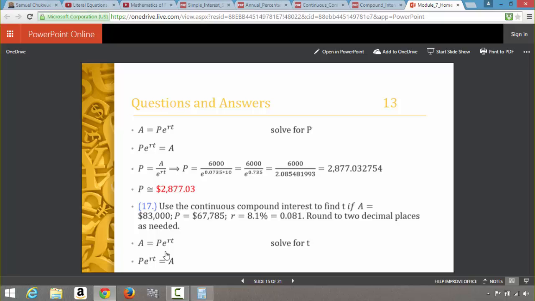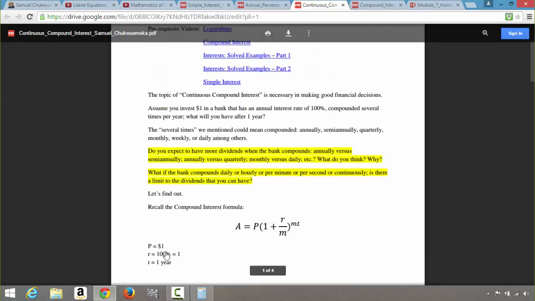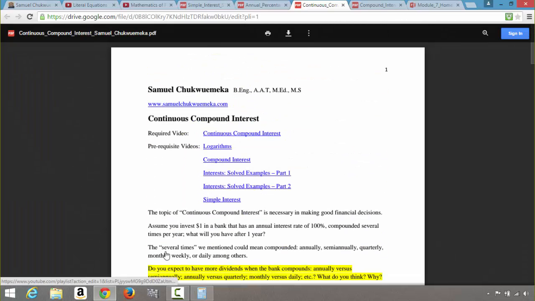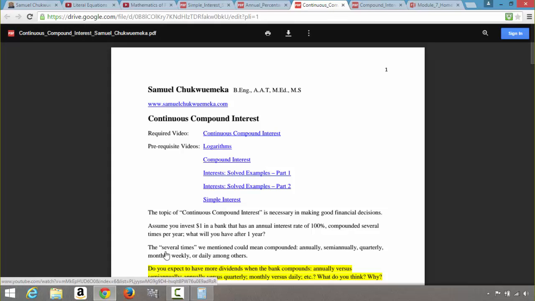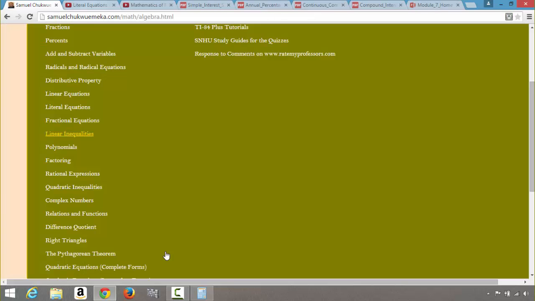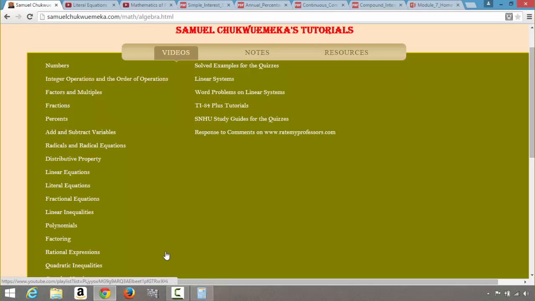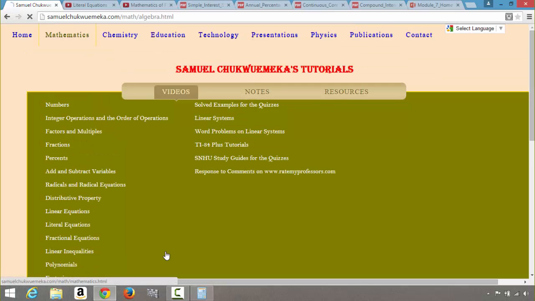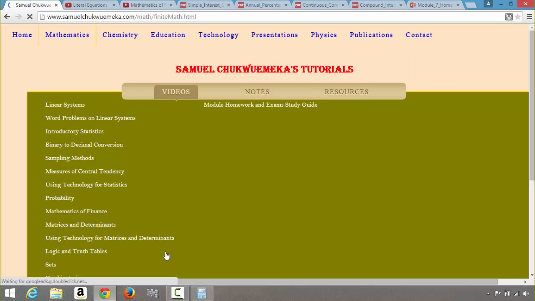Please, folks, this is what you will need to view. Under continuous compound interest, I have this as logarithms right here. And I also sent it as an announcement to you. You don't need to view all the videos. Logarithms is algebra.